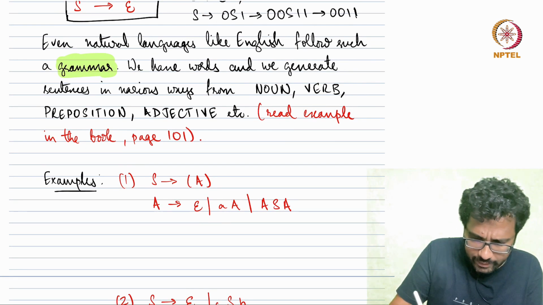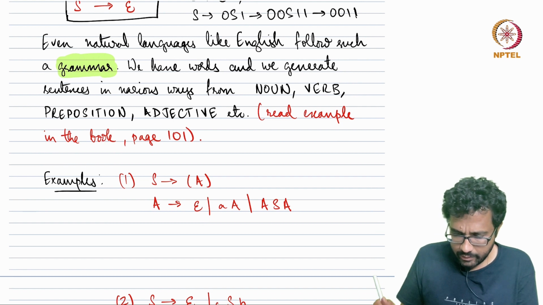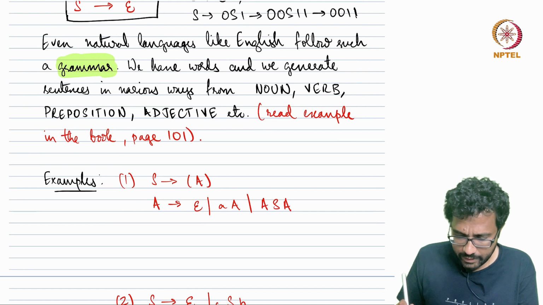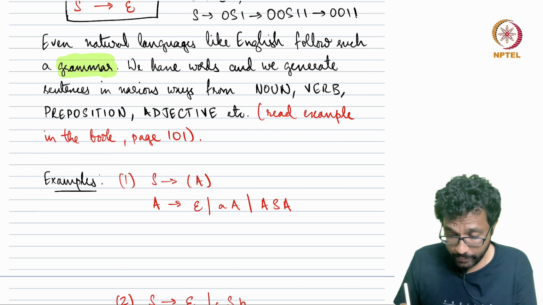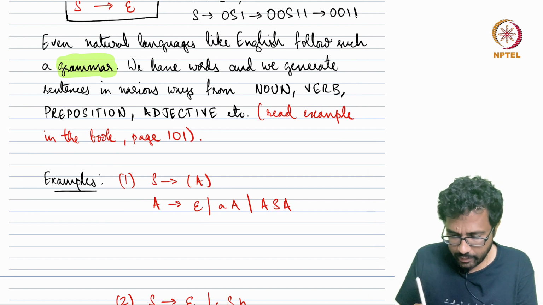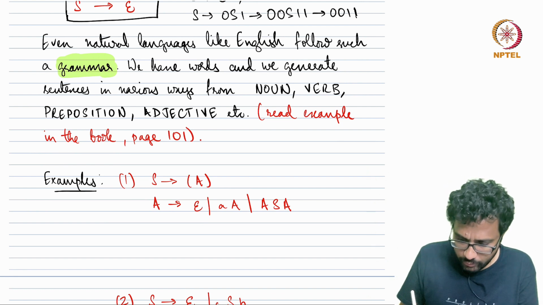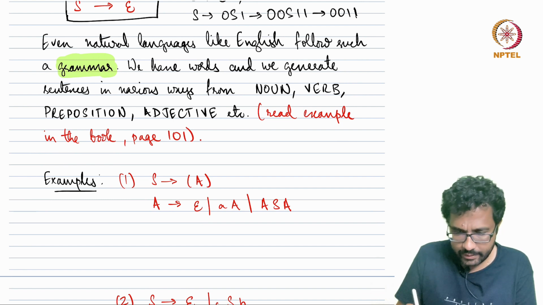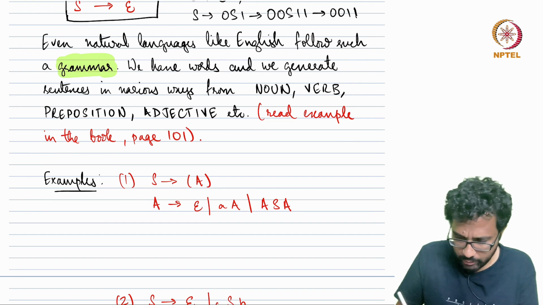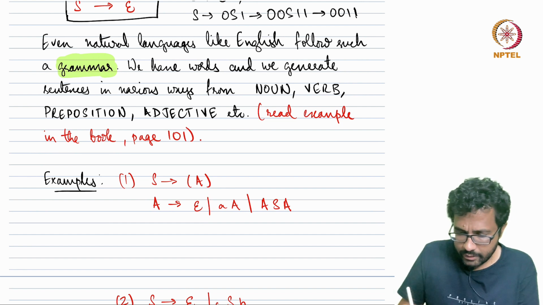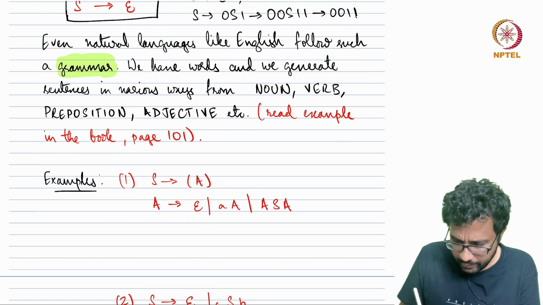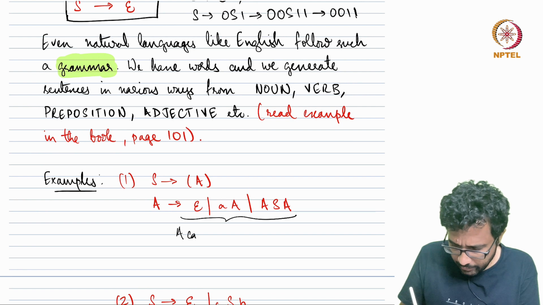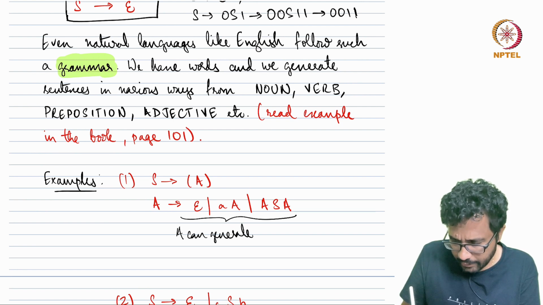Now let's see some more examples. So here we have a context free grammar. Let me just explain. There are two variables, one is S, the other one is A, and in the second line we see these vertical lines, right. This means that A can generate, this is actually three rules.